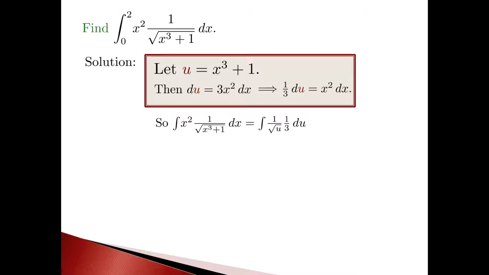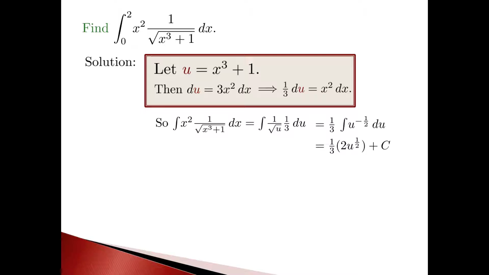And that's something I can integrate because I know how to integrate a square root of u. I'll first make it u raised to the 1/2 power, and because it was in the denominator, it'll be negative 1/2 power. So then I can just integrate that with the power rule. U to the negative 1/2. I need to add 1 to the negative 1/2, which makes that plus 1/2. So I'll get u to the 1/2 power over 1/2.